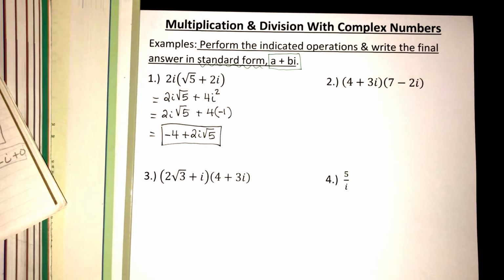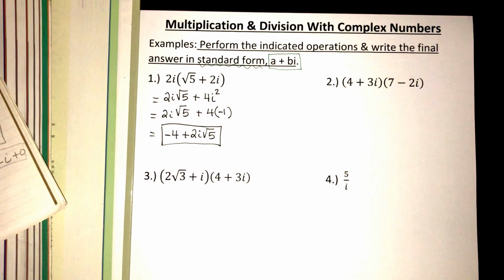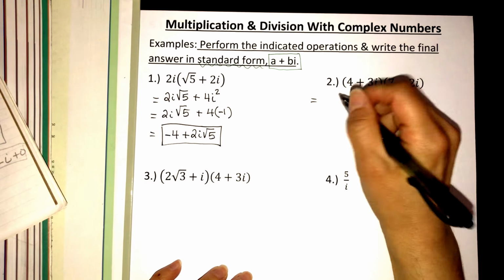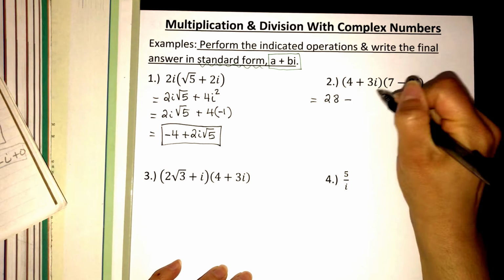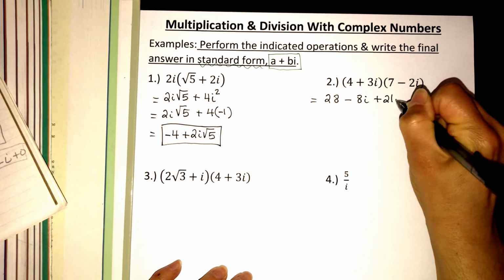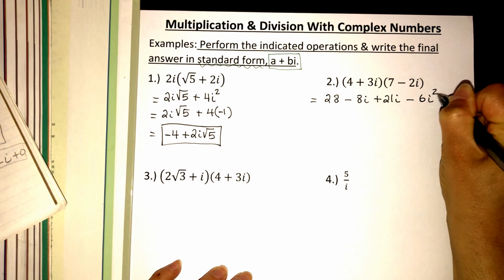So the first one was distributive property. The second and the third, we're going to use FOIL, right? So the steps are the same. And so we're going to have 4 times 7, that's 28, minus 8i plus 21i minus 6i squared.